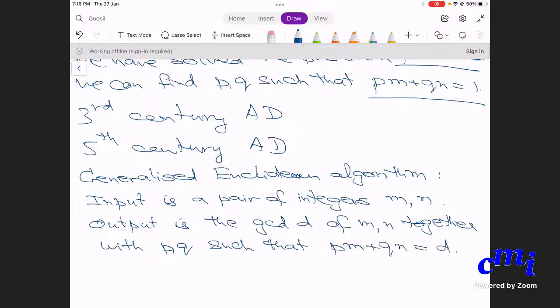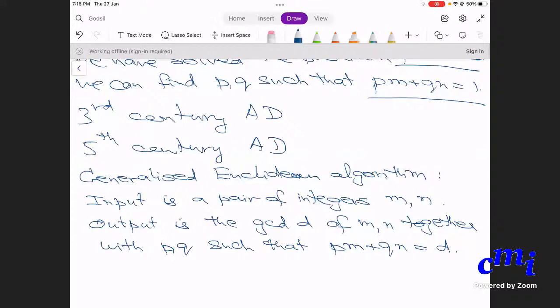So this is exactly what we want to do. We want to take two integers m and n, and write the GCD as pm plus qn for some integers p and q. We are especially interested in this when m and n are co-prime, in which case d is 1. So we want to write 1 as a combination pm plus qn.